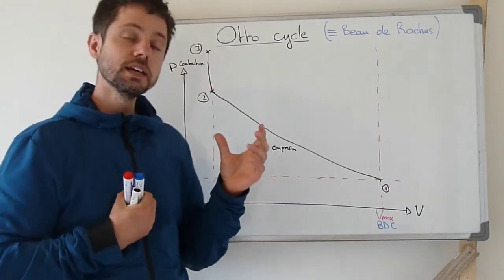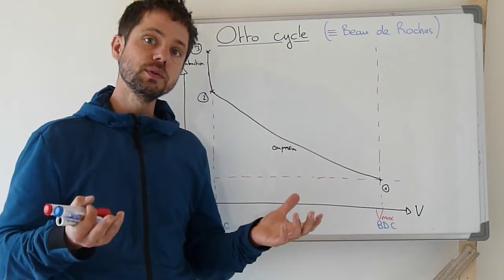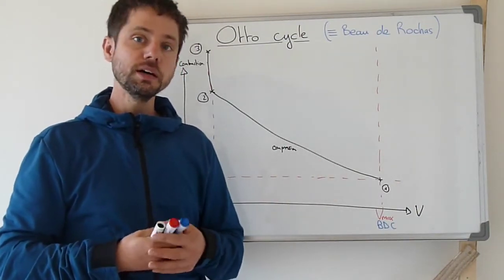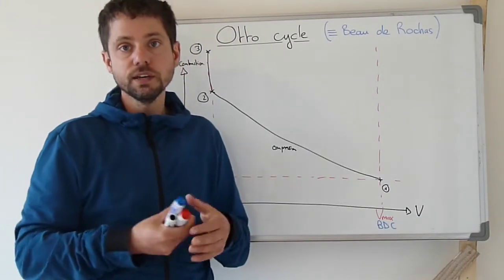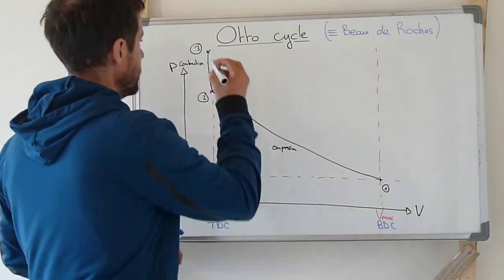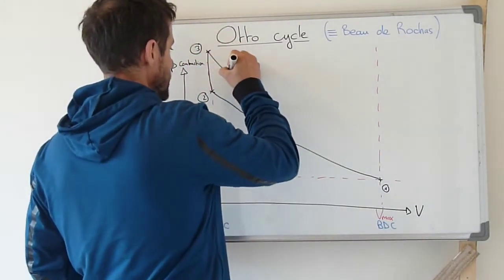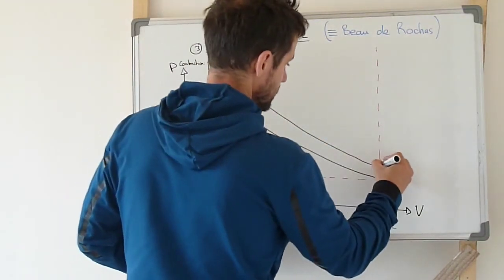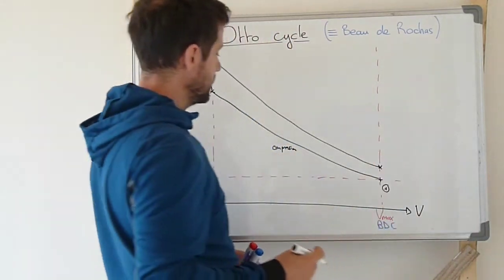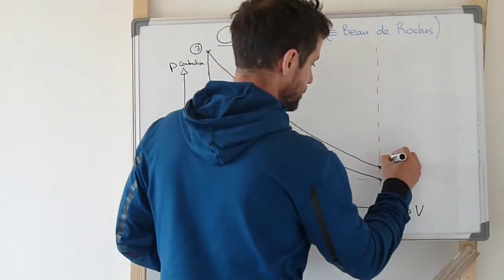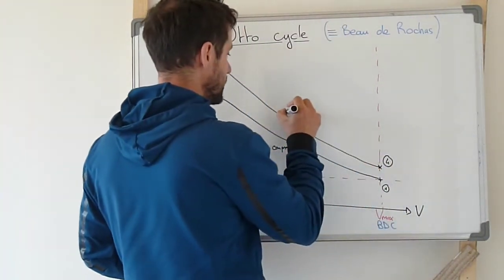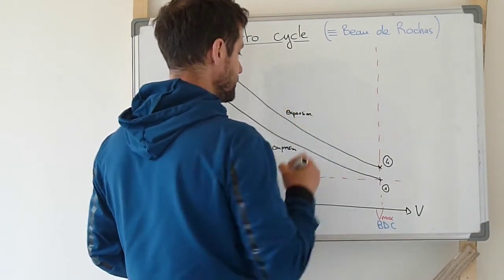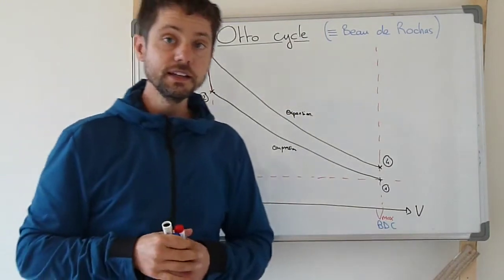We consider that the expansion is adiabatic and reversible, so P times V at the power gamma, Laplace coefficient, is once again equal to a constant, so we find a hyperbolic shape like this, with the same coefficient as for the compression, up to a new point called point 4, and this is the expansion.